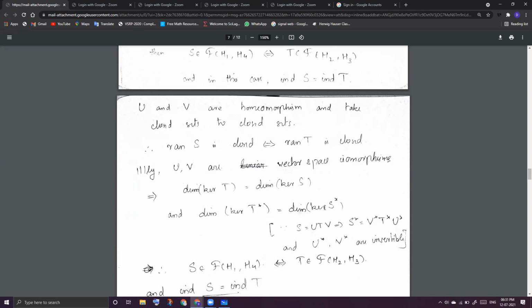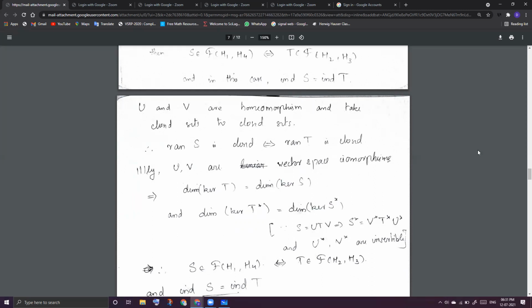vice versa. Okay, wait. I said the other way, I think. Kernel of S is finite dimensional, which will mean that kernel of T is finite dimensional. And similarly, and vice versa. So S being Fredholm is equivalent to saying that T is Fredholm.